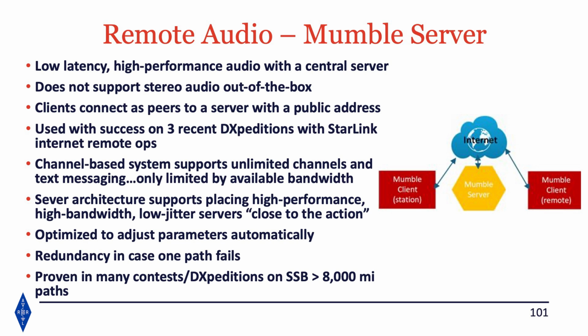What's really nice about multiple remote users with a Mumble server is, for example, on George's DXpeditions, it's only receive audio. You're driving the receive audio, one channel. So there's one stream of receive audio. The server can stream that out to 45 remote operators if they all want to listen to what's going on.